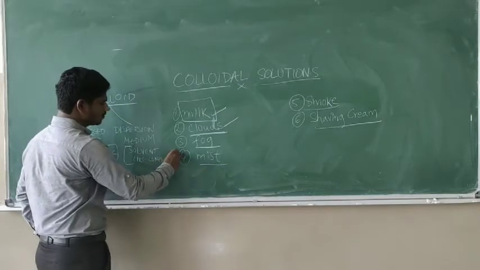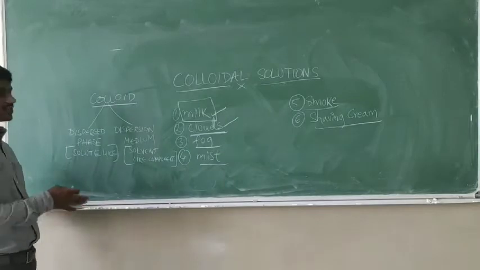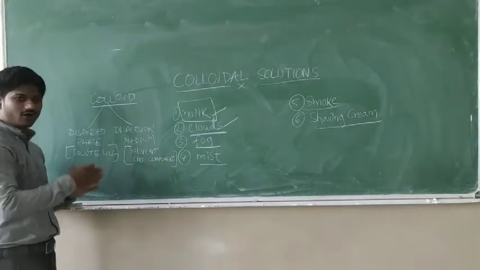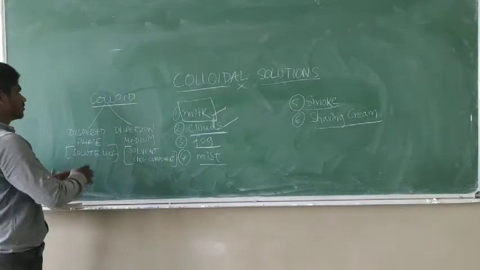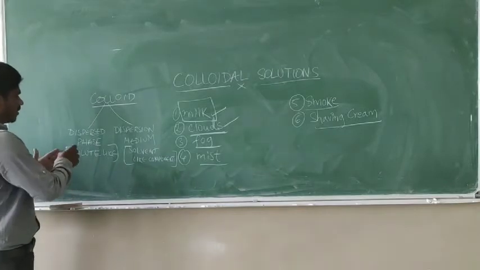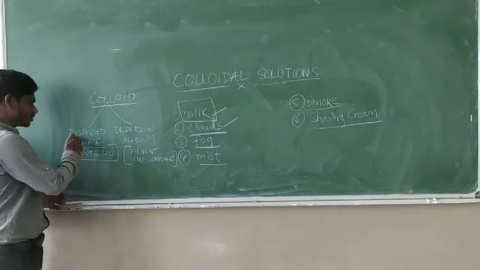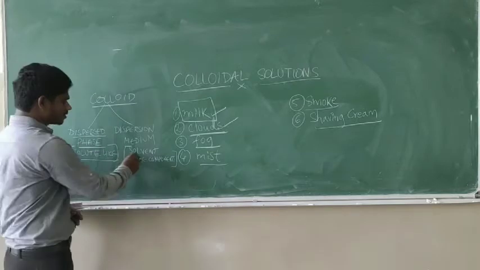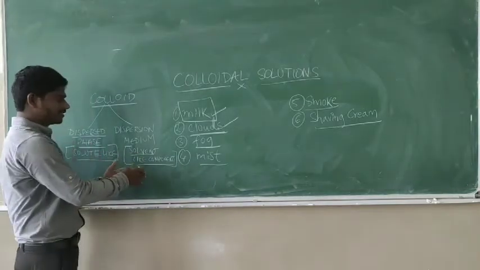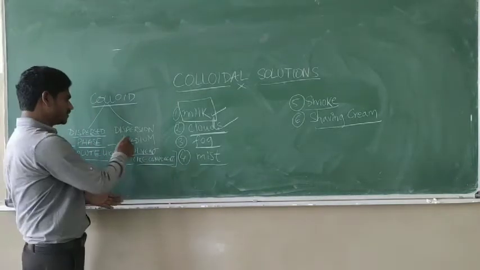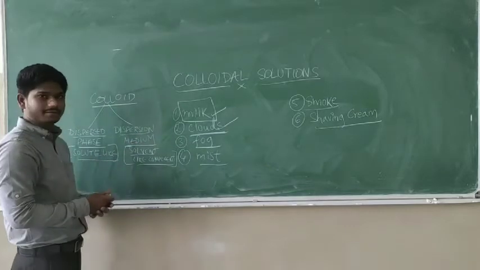In a solution, the salt is dissolved into water. If you take a colloid, the solute-like component is called the dispersed phase, and the solvent-like component, which is present in the larger quantity, is called the dispersion medium.